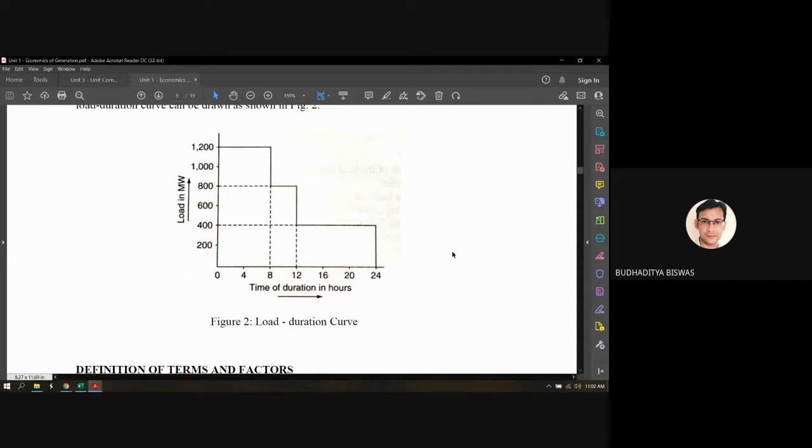Unit commitment means which unit is committed to generate. That is actually the meaning of unit commitment. Among the different units, each unit is able to generate 400 megawatt here. So you may switch on unit 1 while you switch off units 2 and 3. You may run unit 2 while switching off 1 and 3.